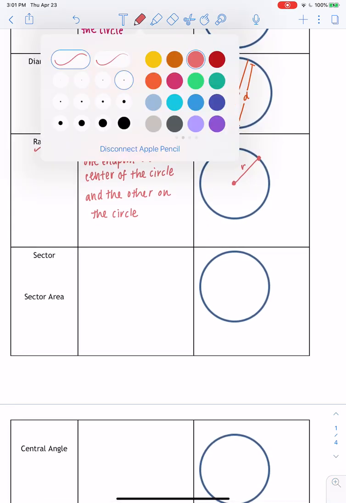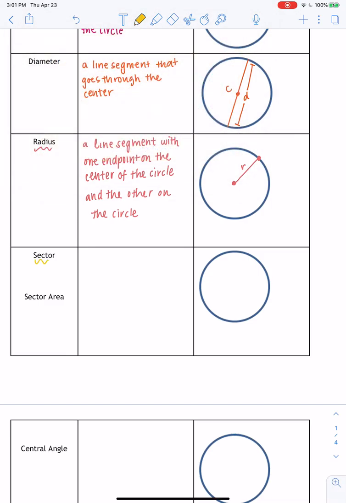So now the new word that we're going to learn about is the word sector. And that's this new one here, so sector. So if we have the center of the circle, we have two radii, we're going to enclose a space, like this yellow space here. So a sector is a part of the circle created by two radii.